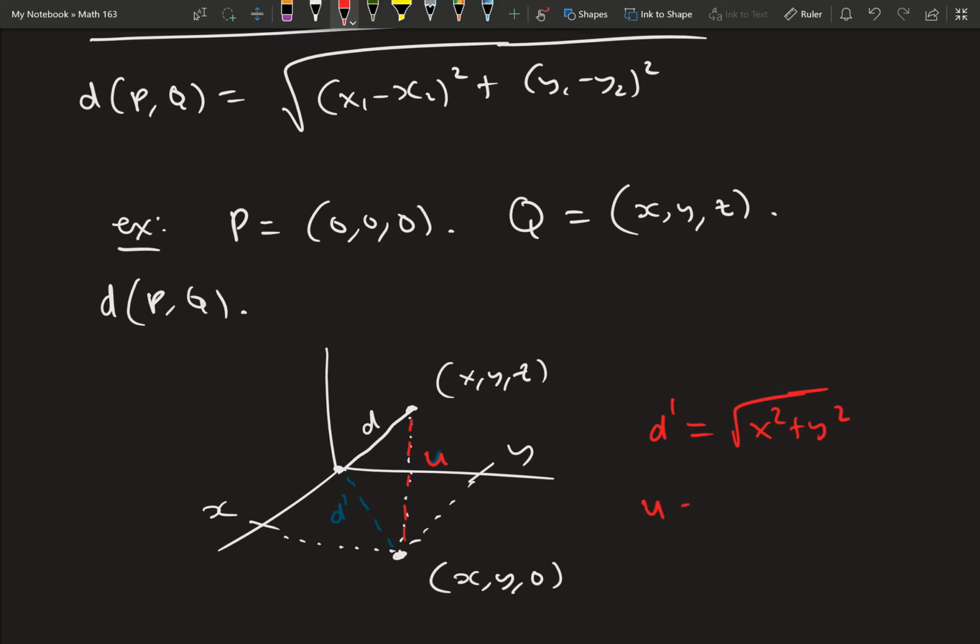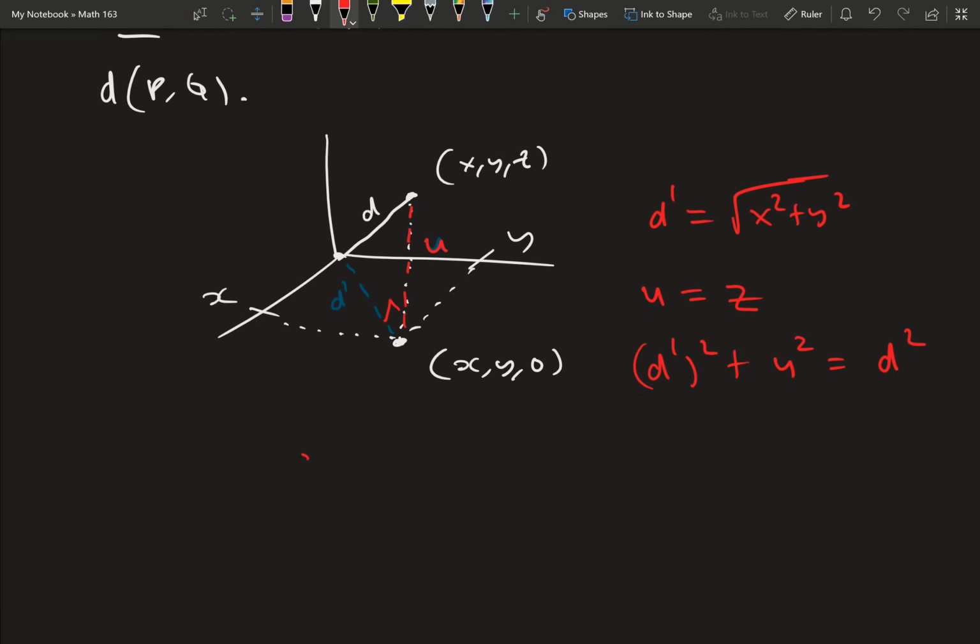And the length of u is z, assuming z is positive, which for now we'll assume, otherwise it would be the absolute value of z. So this triangle here is a right triangle. Hence d prime squared plus u squared is equal to d squared, which gives us that d squared is x squared plus y squared plus z squared.